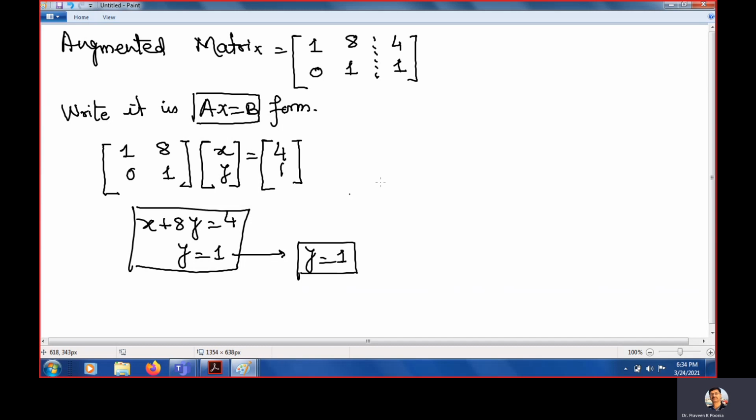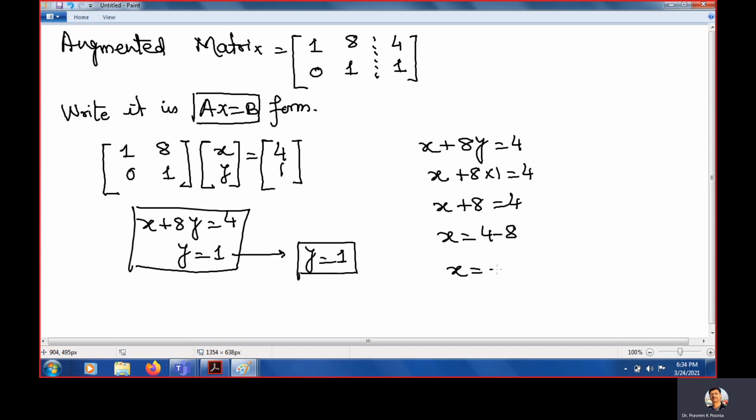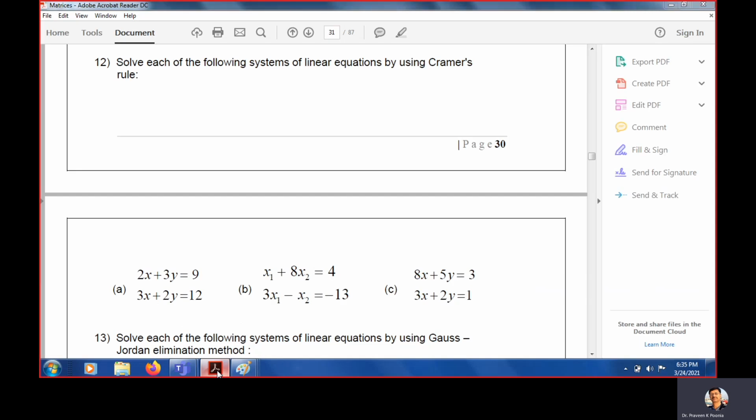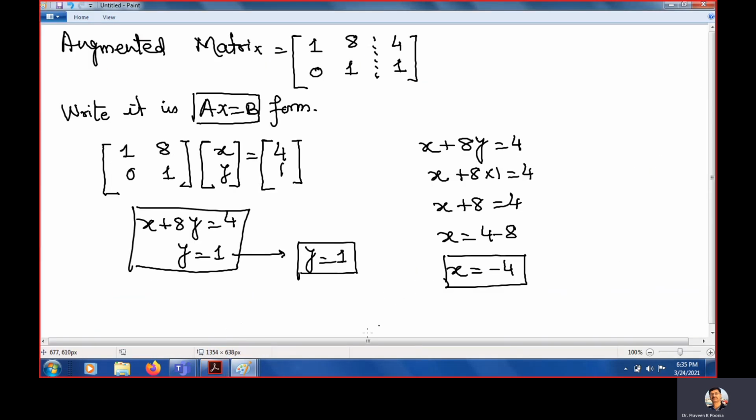To get the second answer, put the value of y in the first one: x plus 8 into 1 equal to 4, so x plus 8 equals 4. 4 minus 8, so the x value is minus 4. The value of x is minus 4 and the value of y is 1.